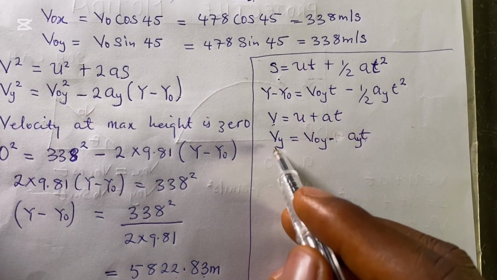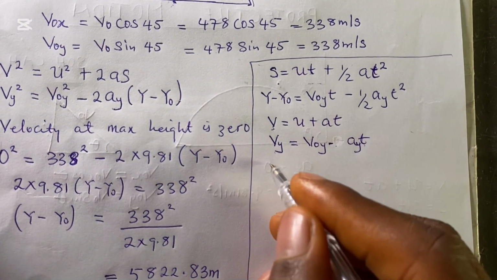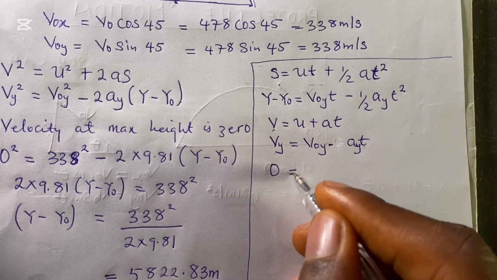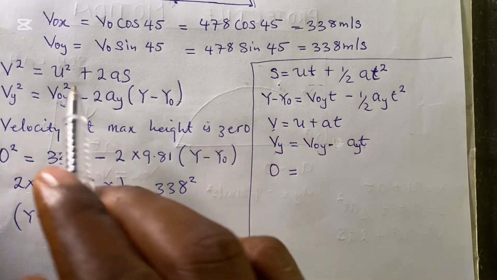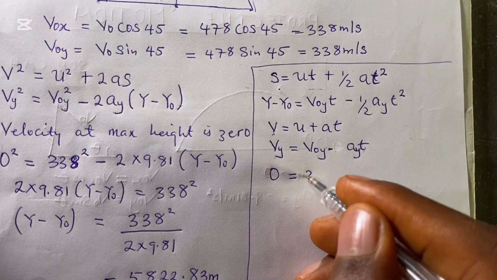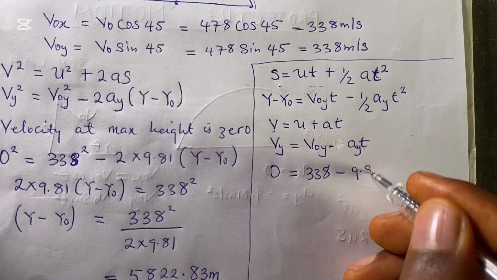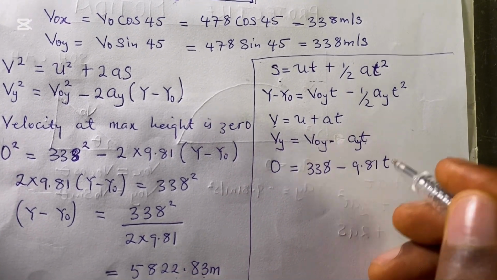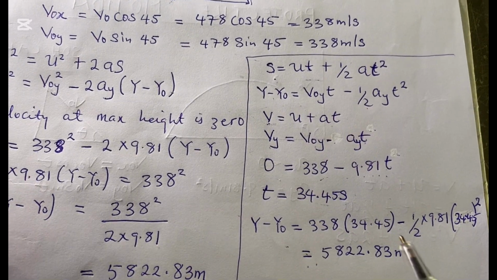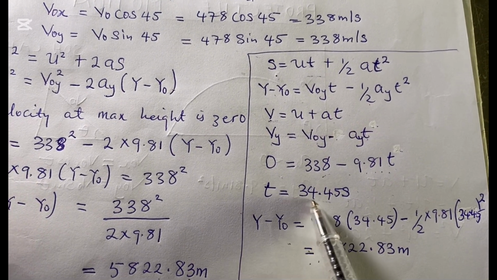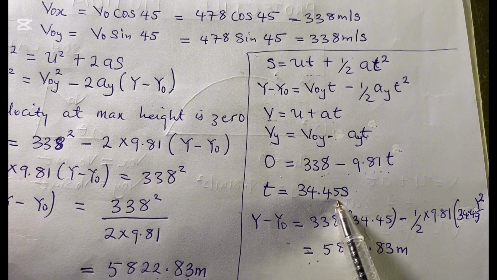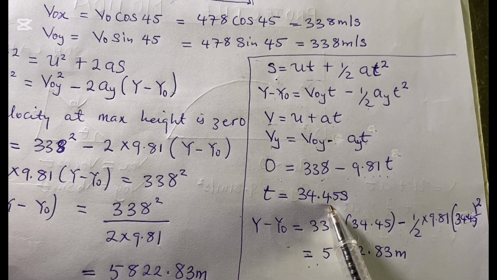And we have defined that at maximum height, velocity is 0. So this is equal to, what is our v naught y? We found it to be 338 minus 9.81t. From here, your t is equal to this.